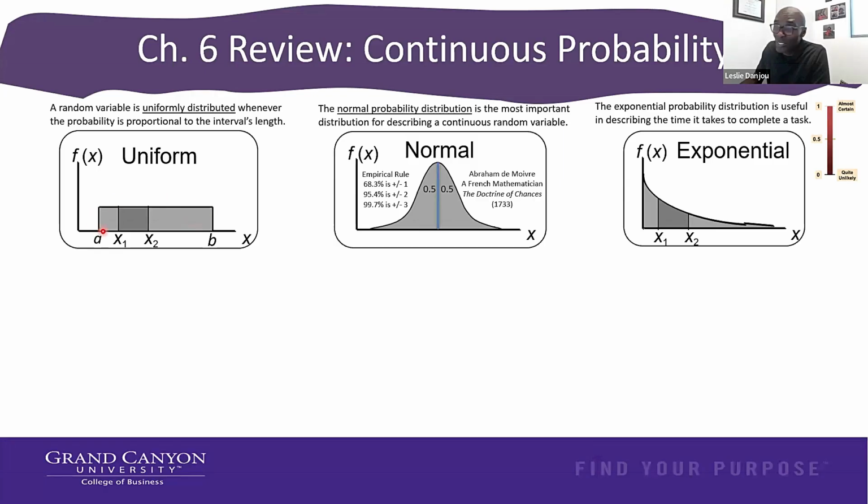So can we find the probabilities? Yes, we can. Can we find it normally if we have 2 points? We can find it there too. Can we find it exponentially? We can find it there too.